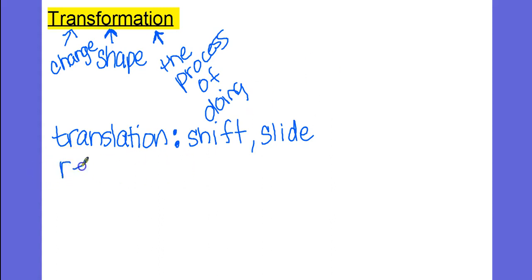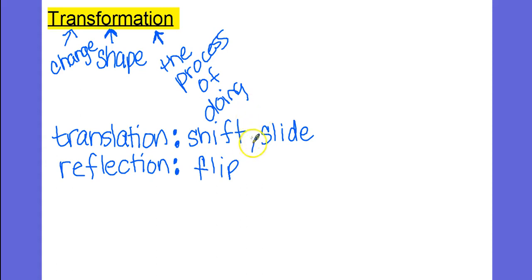Another one is the reflection. A reflection is just a mirror or a flip. Now we can flip vertically, we can flip horizontally, okay?